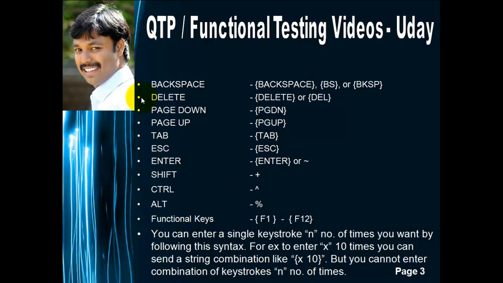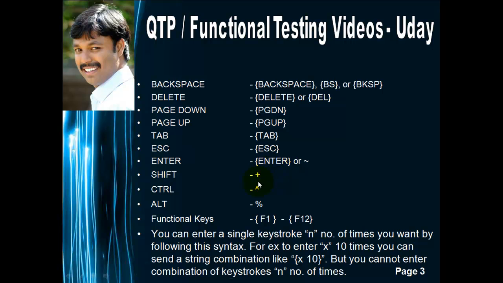These are the special characters that we have to use in the SendKeys method. For backspace, you can use any of these values. For delete button simulation, you can use these two: page up, page down. Generally, the most used ones are shift, control, alt, and enter.